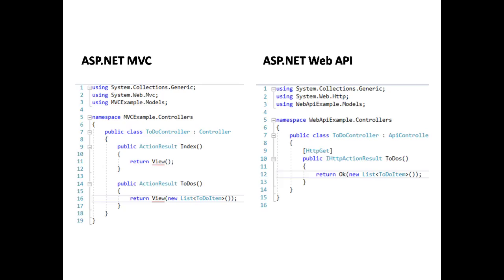So let's compare ASP.NET MVC and ASP.NET Web API. ASP.NET MVC is used to create web applications that return both views and data, but ASP.NET Web API is used to create full-blown HTTP services in an easy and simple way that returns only data, not views.